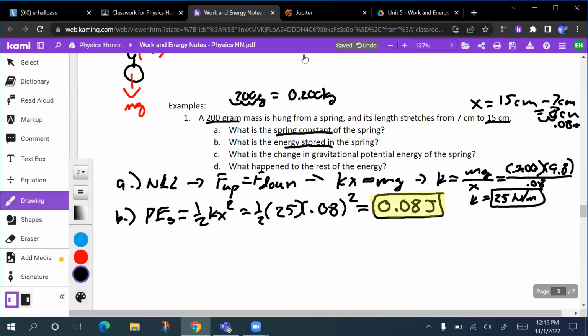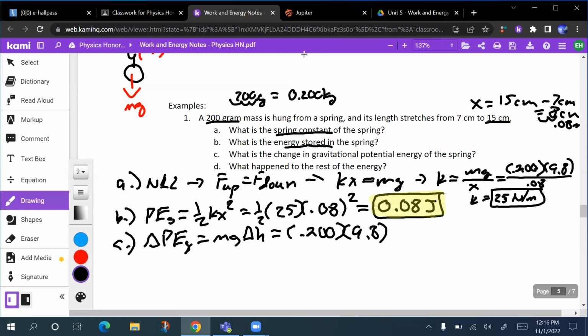Part C, now for part C, we're looking for essentially the change in gravitational potential energy. So the change in gravitational potential energy is going to be mass times g times the change in height. Well, so we're going to go 0.200 times 9.8 times 0.08.